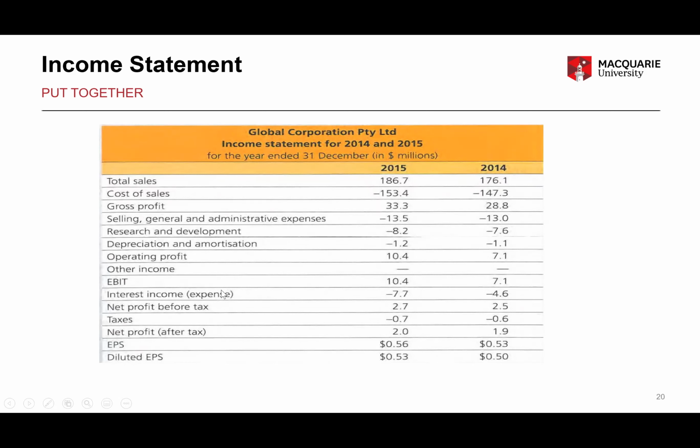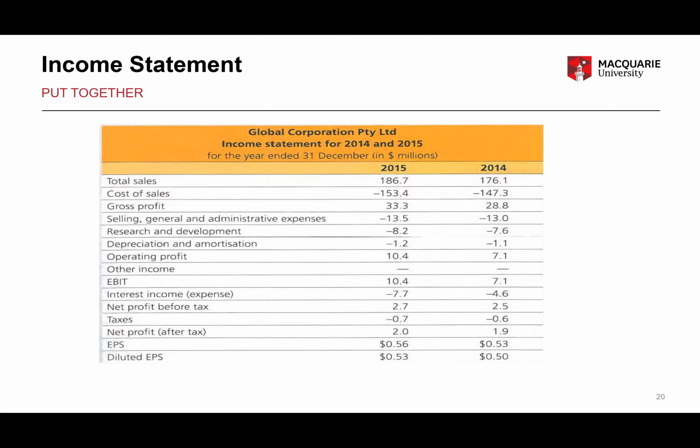Now, this is an important line item here. EBIT stands for earnings before interest and tax. And it's important because it's telling us something about the raw earnings of the firm, right? So it excludes interest and tax, because interest is not related to the performance of the firm.